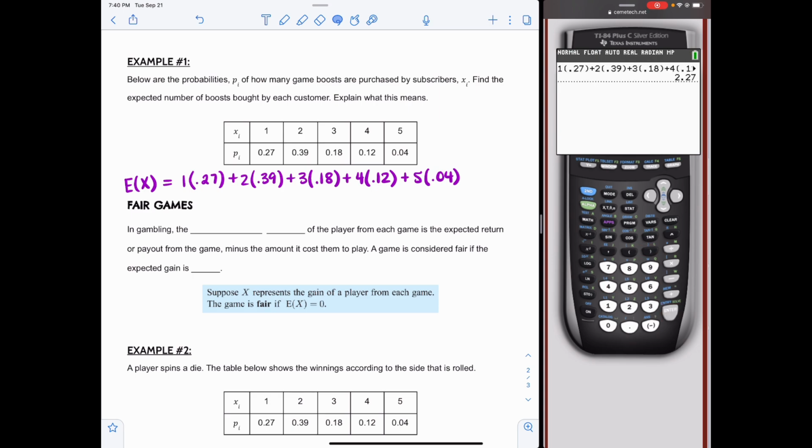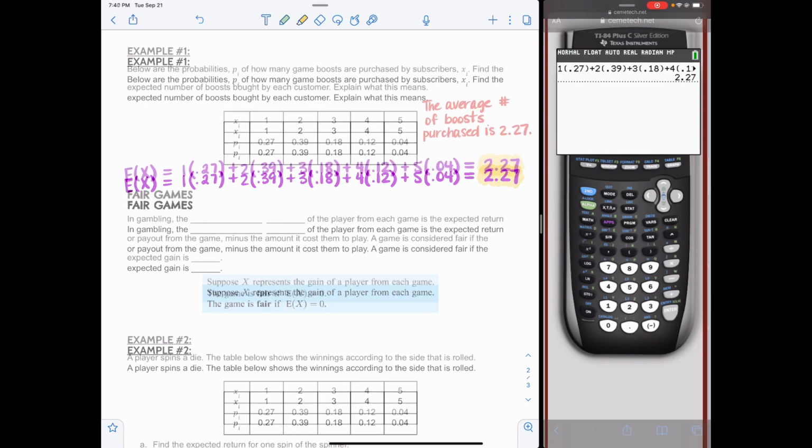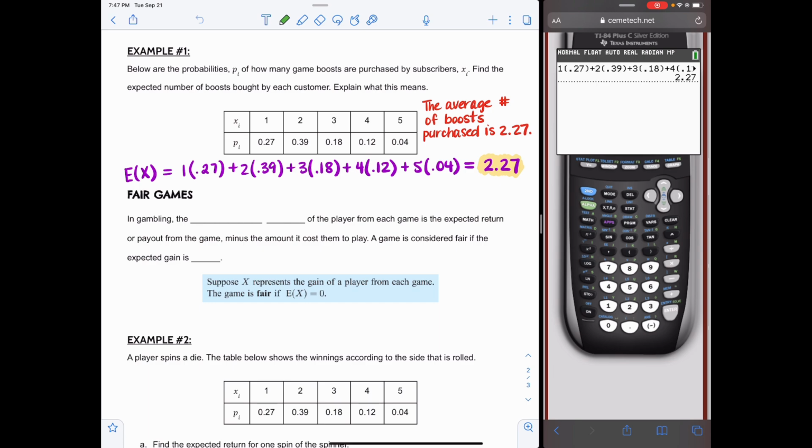When we get here, we will end up getting the expected value of 2.27. So that is my expected value, aka the mean of the probability distribution. 2.27 boosts, okay? If we want to explain what this means, we can just say the average number of boosts purchased will be 2.27.